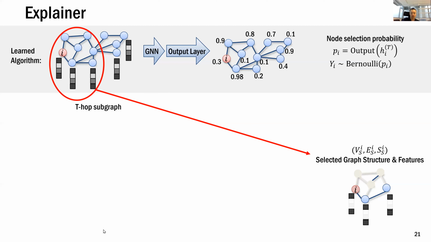So in order to do that, we are actually using a separate graph neural net to produce some selection probability for these edges, to produce this explanation of whether this particular edge or node or feature should be selected.